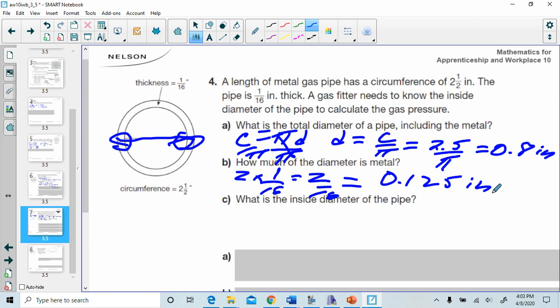And then it's asking what is the inside diameter of the pipe. Now you know the diameter all the way across was that, and how much metal was actually in the width of the pipe is this much. So we just take the full distance across and subtract the amount of metal that was being used.